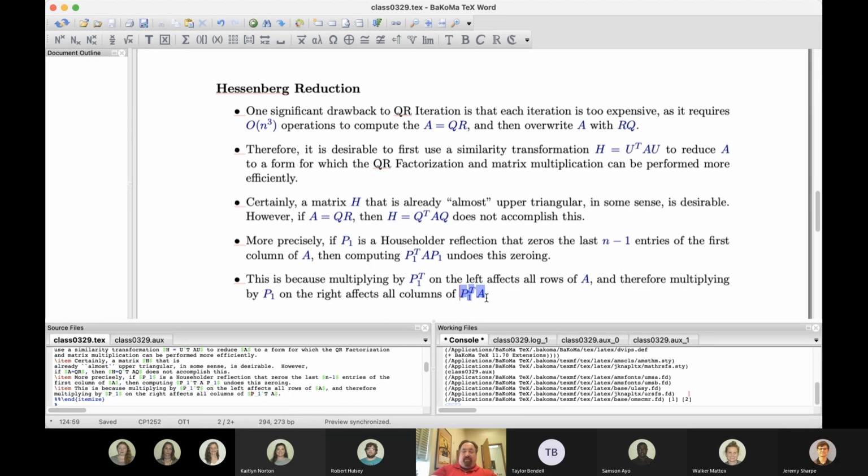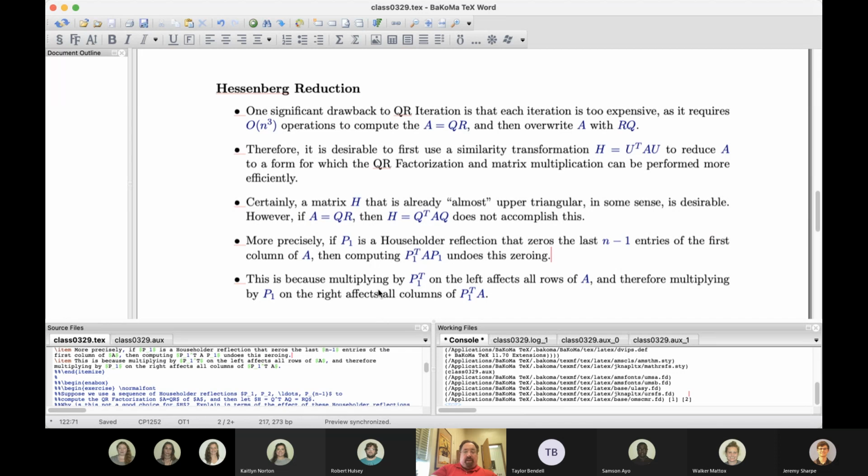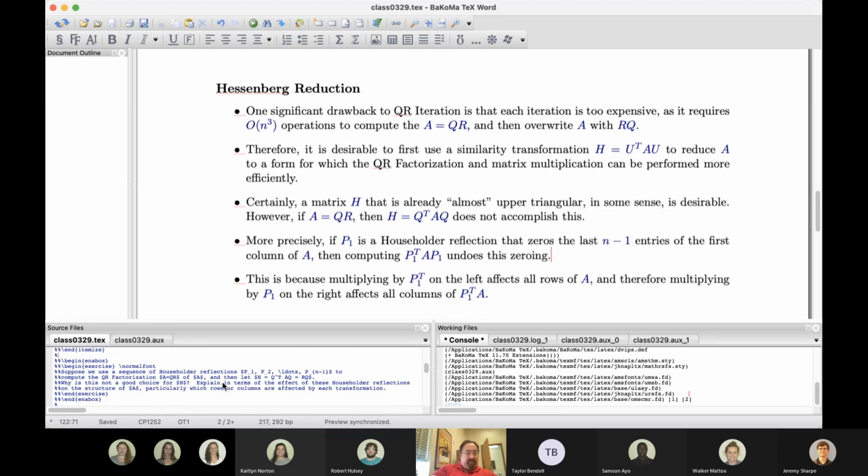So this matrix may have the first column that's almost all 0, but because multiplying by this will affect the first column, those 0 entries will not be 0 anymore. So all that work is wasted. But it does give us an idea as to what we can do differently to not have this negative outcome.